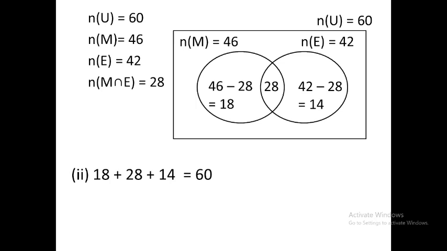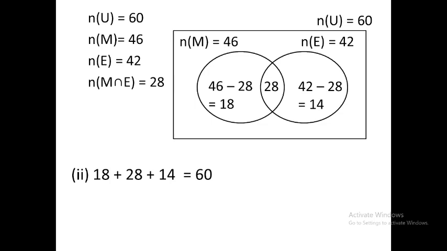If you are asked to find the number of students who passed in only one subject, I'm going to pick mathematics only, which is 18, add it to English only, which is 14, so 18 plus 14 is the number of students who passed in only one subject. I believe that is okay.